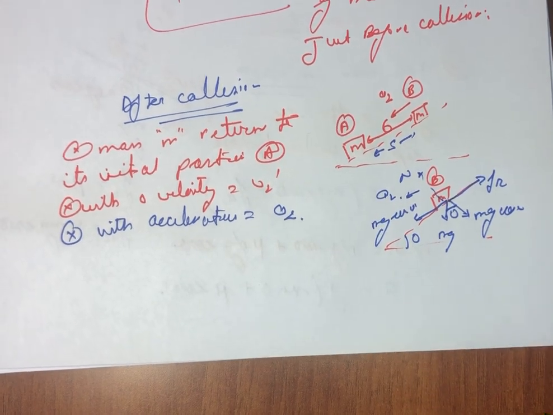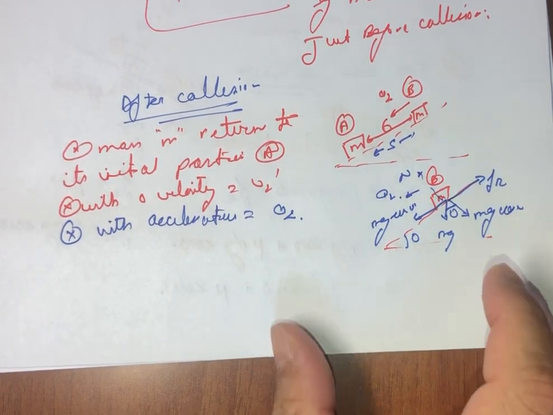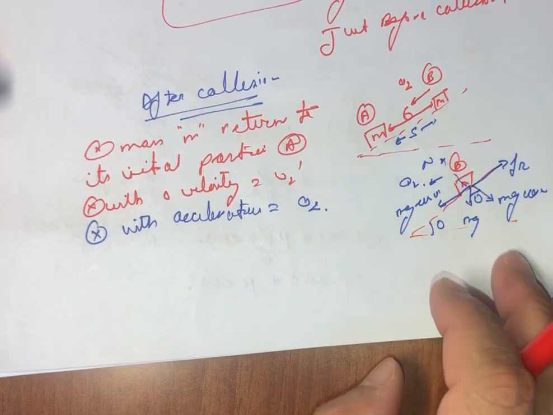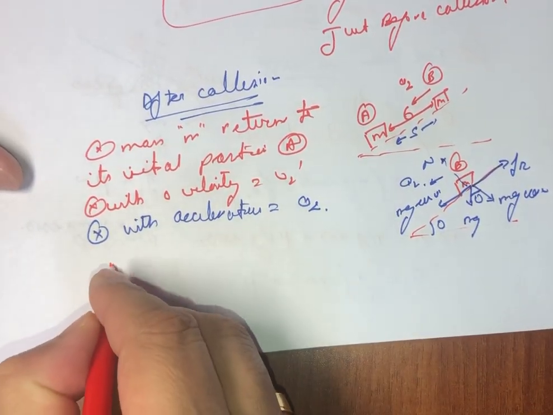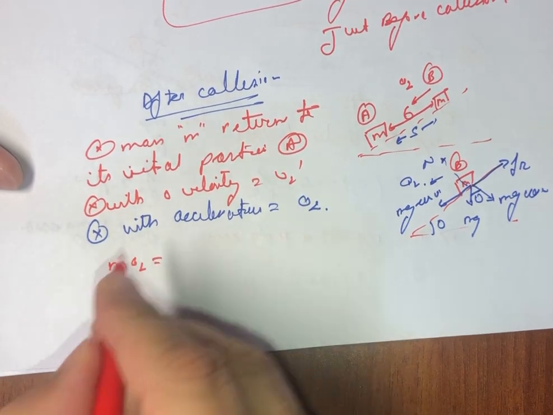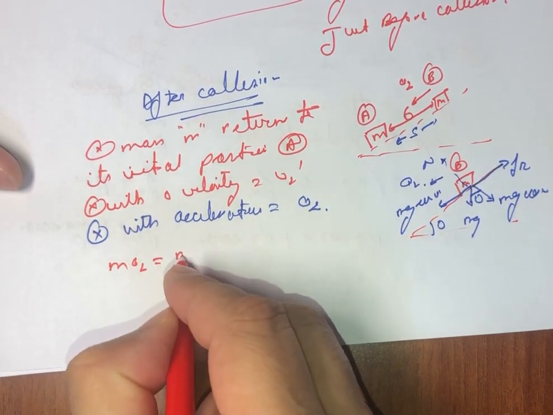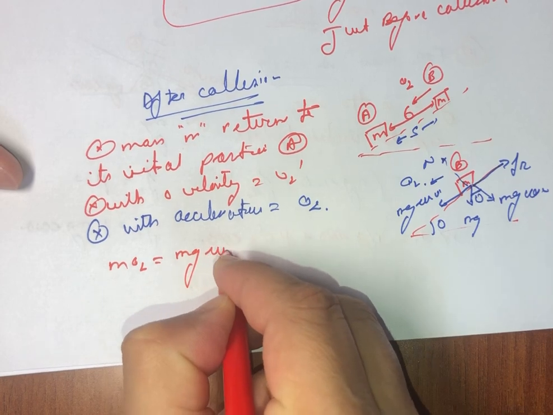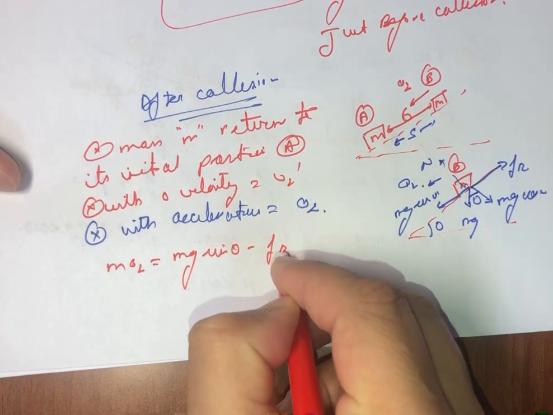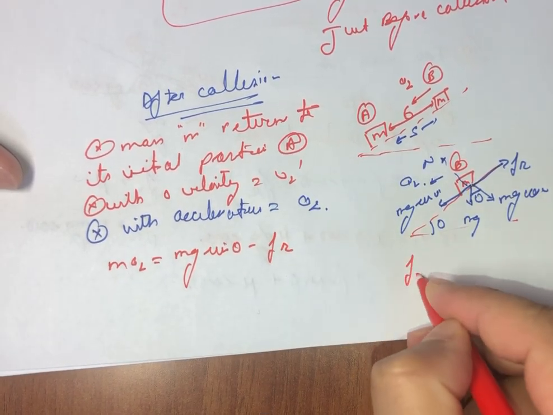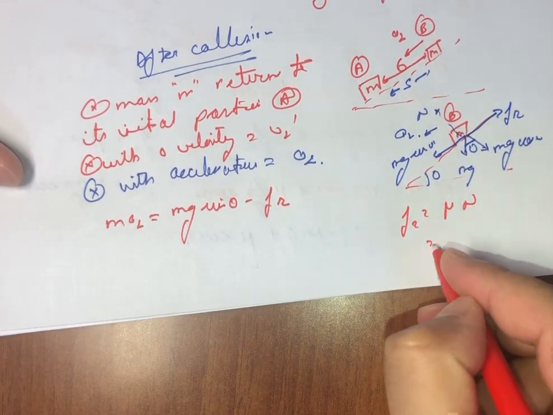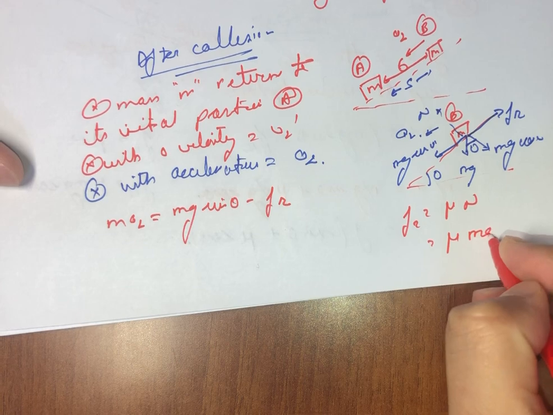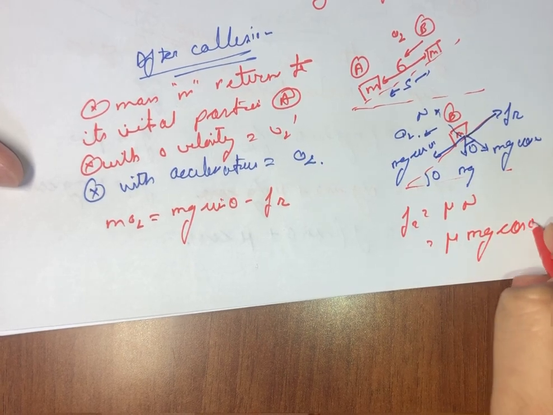Therefore, we can write once again the equation for acceleration: m a2 is equal to mg sine theta minus Fr, and Fr we know is mu N, or mu mg cos theta.